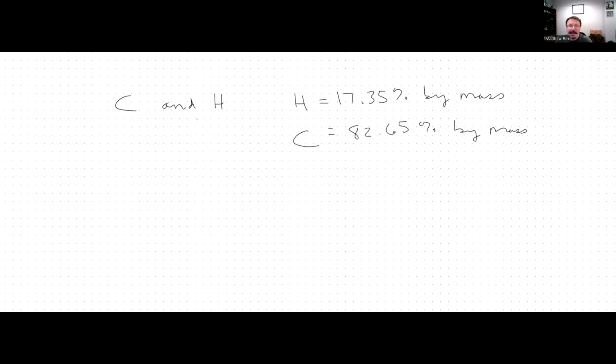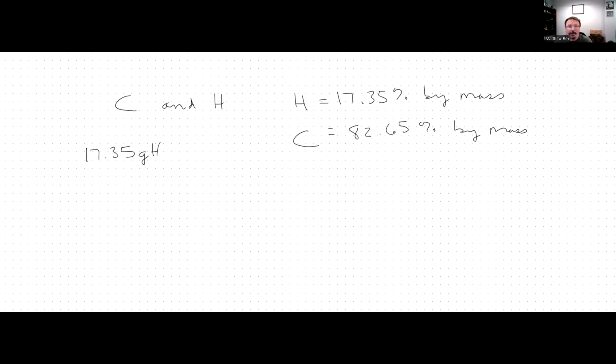Now, I can't compare their masses directly because hydrogen has a different atomic mass than carbon. So all I need to do is get these into moles. Well, again, if I assume I have a 100-gram sample and 17.35% of that is hydrogen, then that would mean in a 100-gram sample of this hydrocarbon, 17.35 grams of it would be hydrogen.